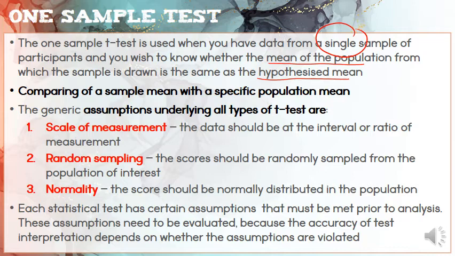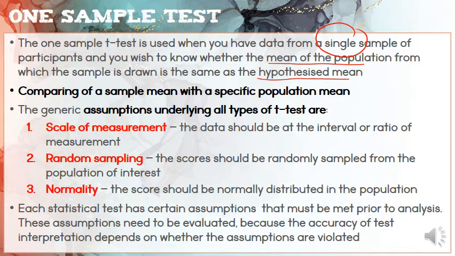So random sampling di sini adalah the scores or the data should be randomly sampled from the population of interest. And last but not least is normality, where the scores or the data should be normally distributed in the population. So each statistical test, okay, biasanya ada assumption yang dia mesti penuhi. So this assumption need to be evaluated because the accuracy of test interpretation depends on whether the assumptions are violated or not.